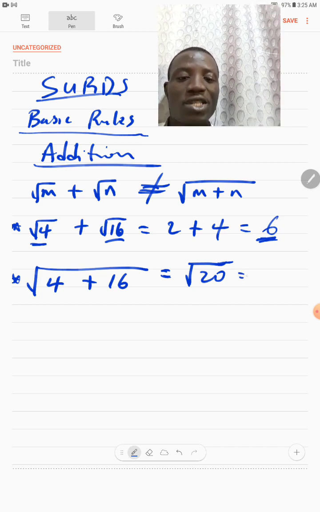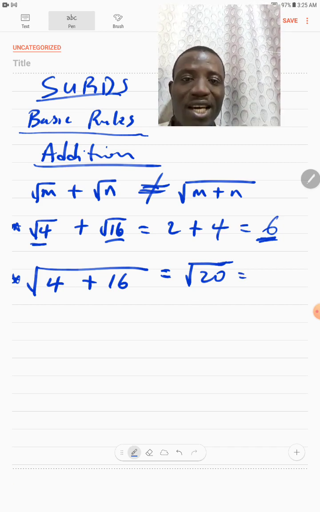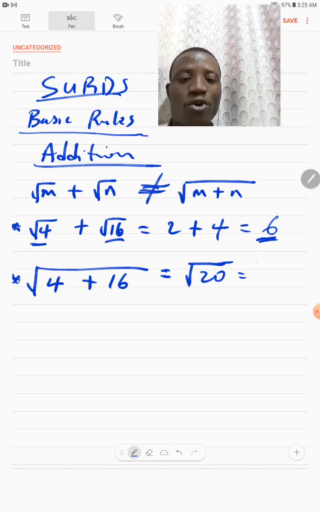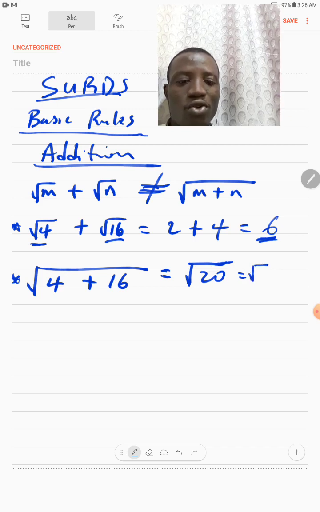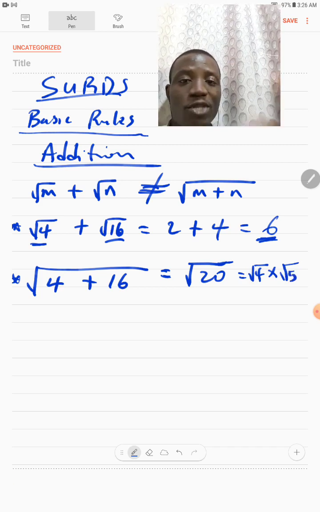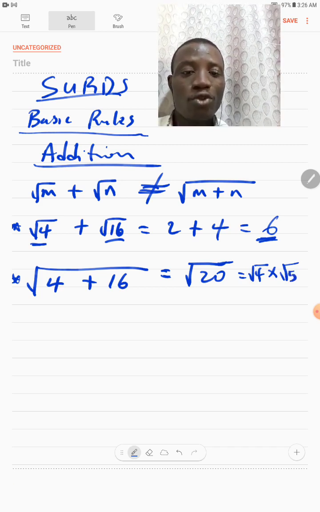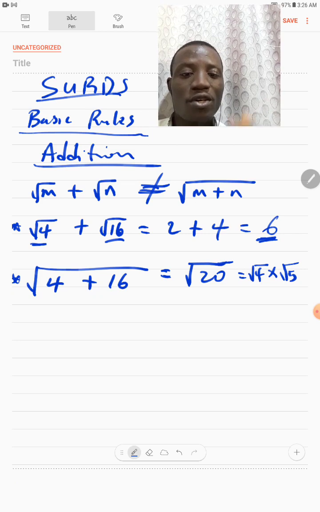Of course, in the advanced simplification of surds, which is the next thing we'll be looking at after this video, we can split this to be root 4 times root 5. In our multiplication rule, you already know that root 4 times root 5 will give me all root 4 times 5, which will give me 20.